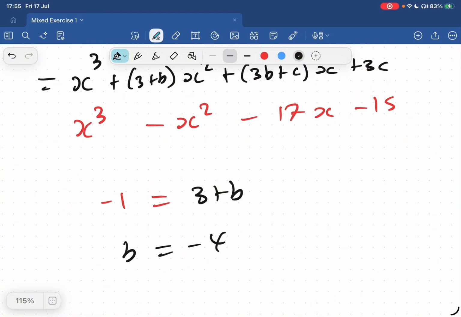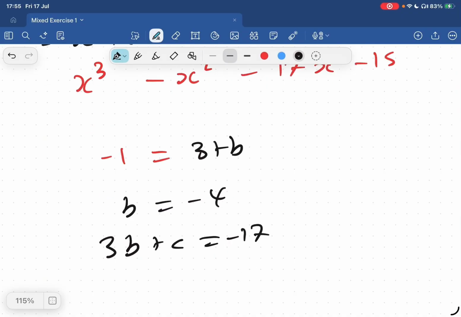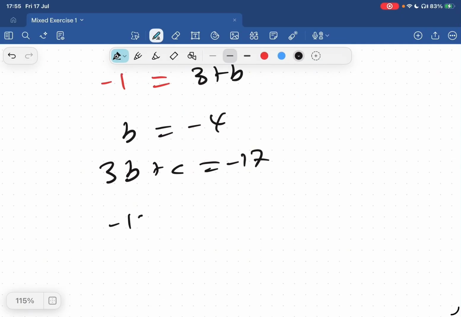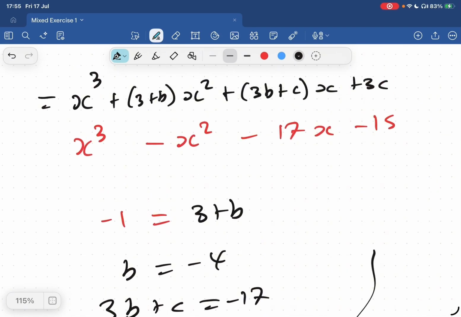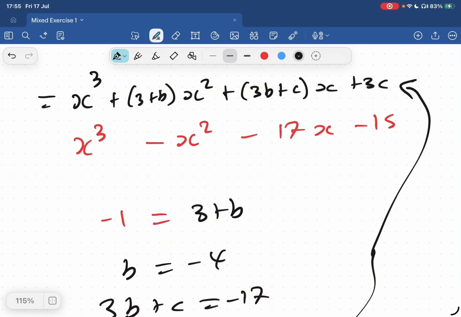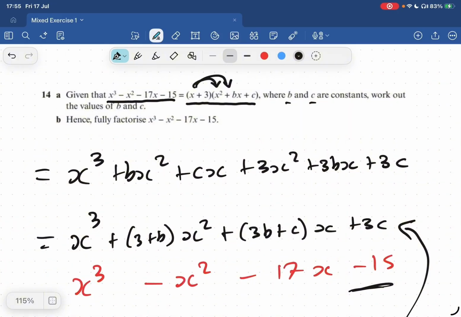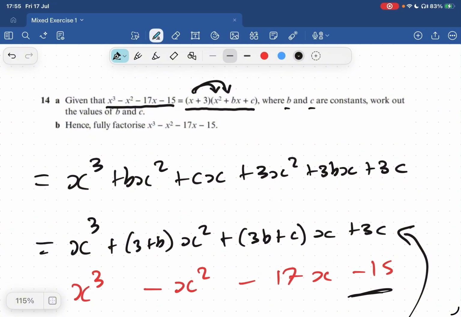We also know that 3b plus c is going to equal negative 17. So we sub in our b, get minus 12 plus c equals minus 17. So c must equal negative 5. And we just double check, does that work with what we had here? c is negative 5 times 3, negative 15. So we get what we want. Okay, so we found the values of b and c.